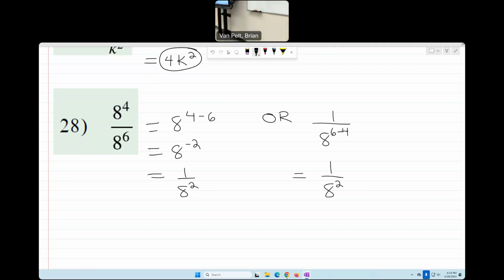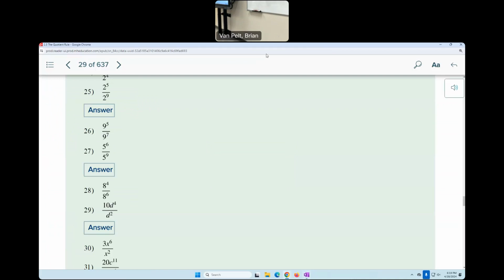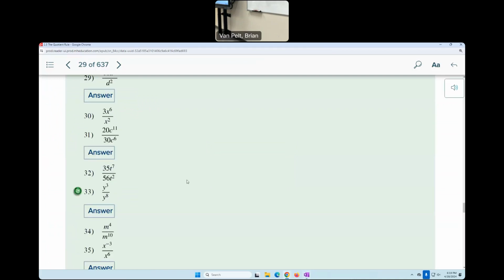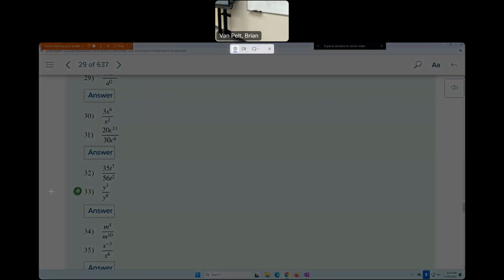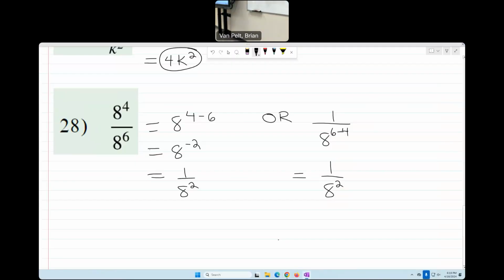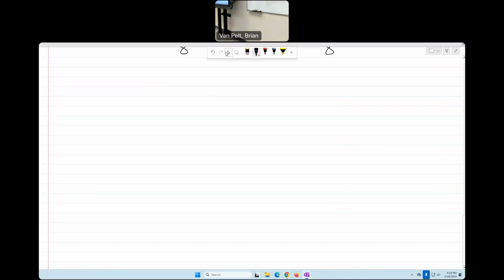These do get pretty ridiculous. You'll see as we get near the mixed exercises. Same directions for all of these.